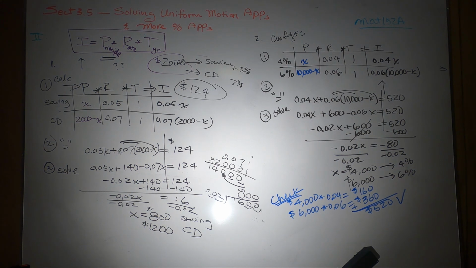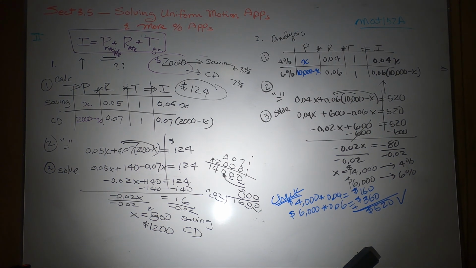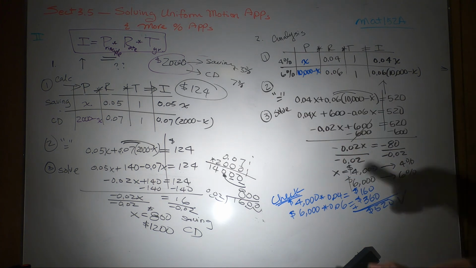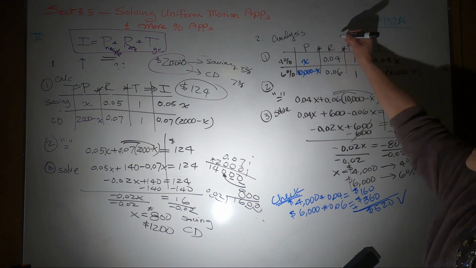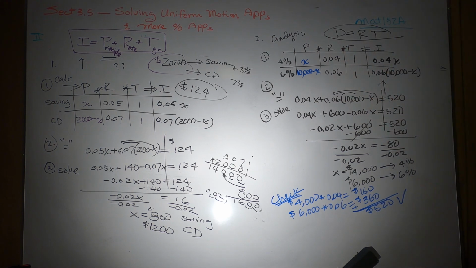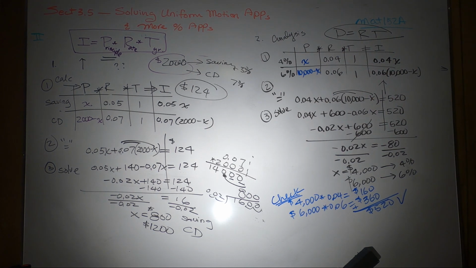Okay? So in this section, we learned types of applications. One is dirt, one is simple interest, I equals PRT. And third is what? Distance equals what? Rate times t. Okay?